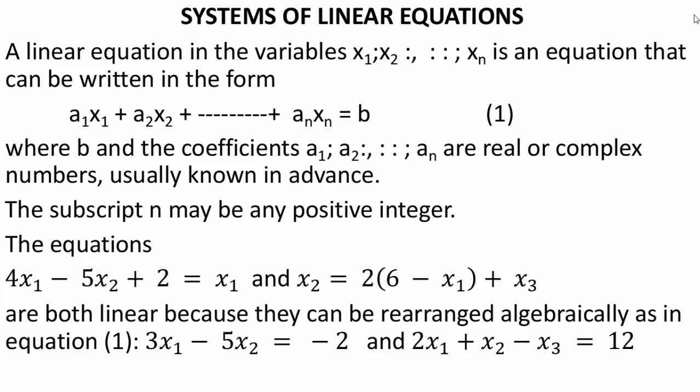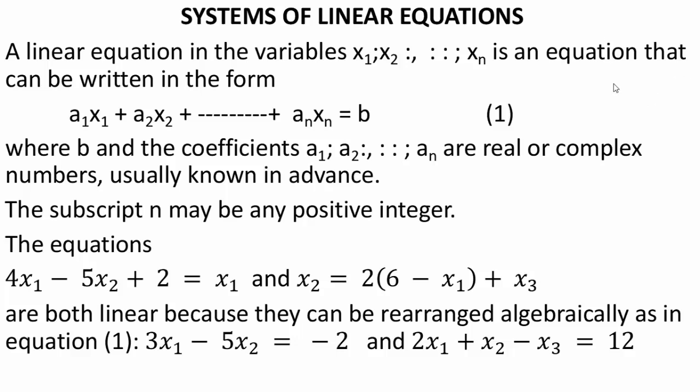The equations 4x1 - 5x2 + 2 = x1 and x2 = 2(6 - x1) + x3 are both linear equations because they can be arranged algebraically. The first is 3x1 - 5x2 = -2.